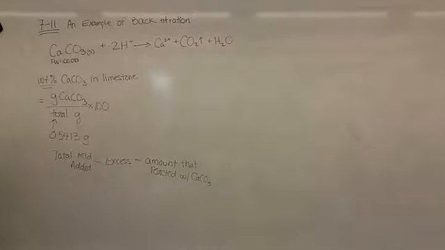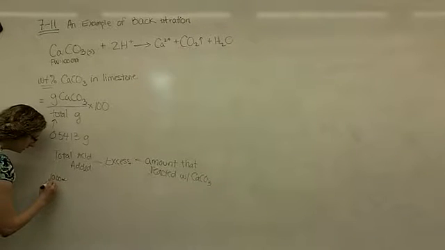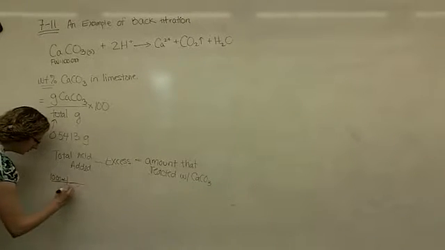Okay, so let's get the total amount of the acid that's added, and that is given by the 10.000 milliliters and the molarity of the hydrochloric acid. So we have 10.00 milliliters. We are going to convert this to liters.